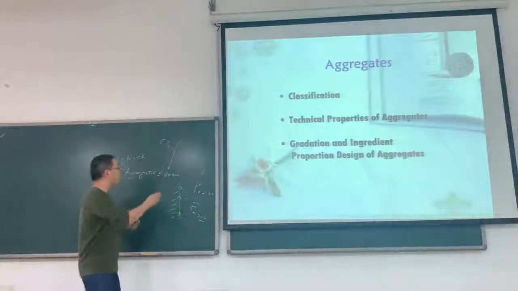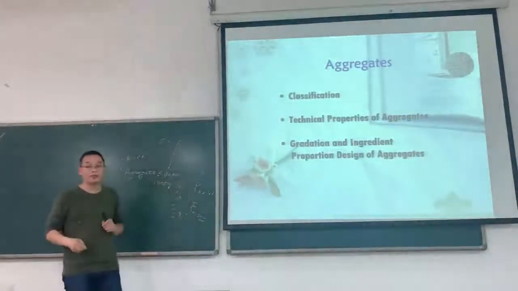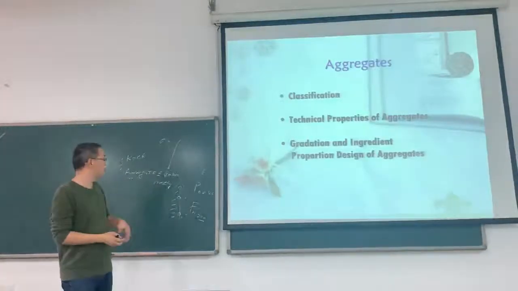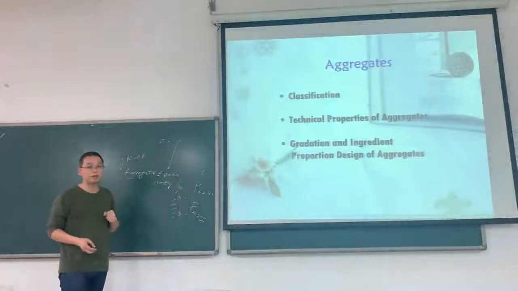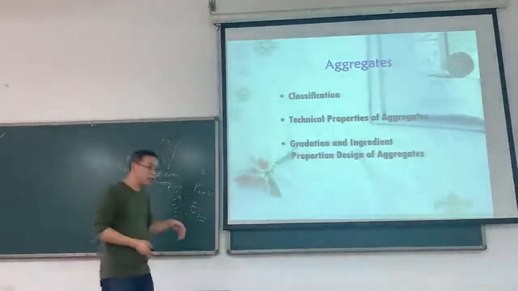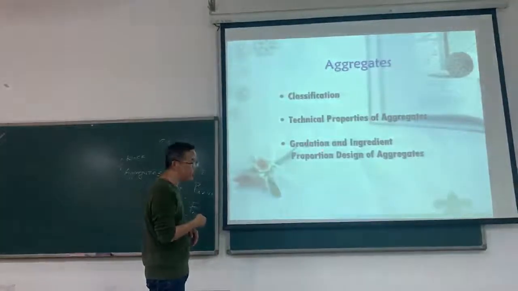I said mostly, okay? Not all. Mostly it is below 40 micrometers. So I need to know the classification of the aggregates, the typical properties of the aggregates and the gradation.